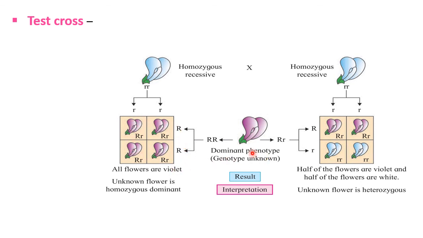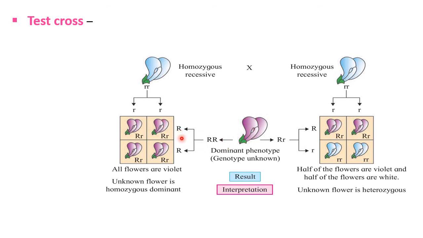So a violet flower plant is crossed with a white flower plant and we get different combinations. If we see that all violet flowers are produced, then the genotype of this violet flower is homozygous. It can be detected after the cross.